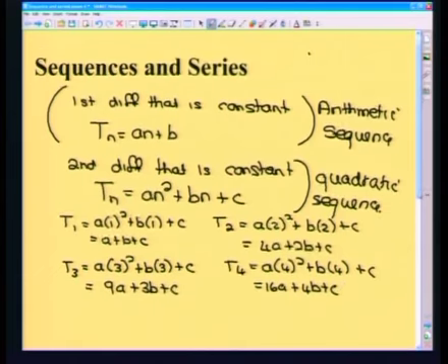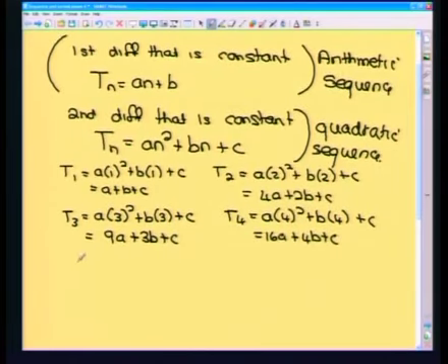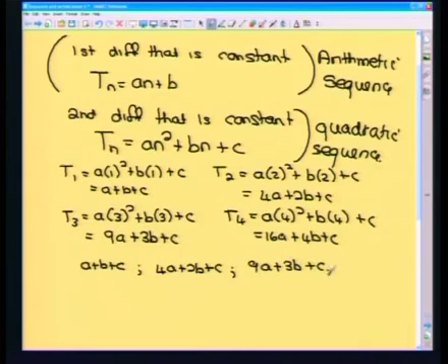Well, that's quite interesting, because now what have I got? I've got A plus B plus C being term 1, 4A plus 2B plus C being term 2, 9A plus 3B plus C being term 3, and 16A plus 4B plus C being term 4.